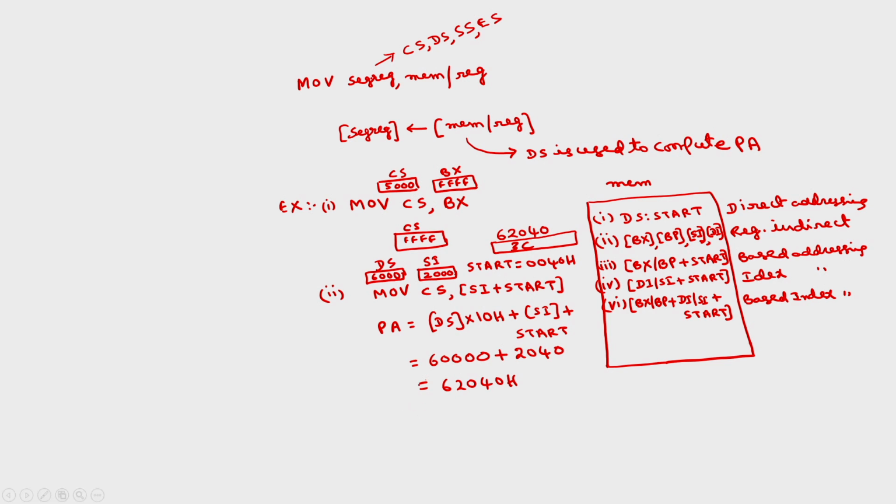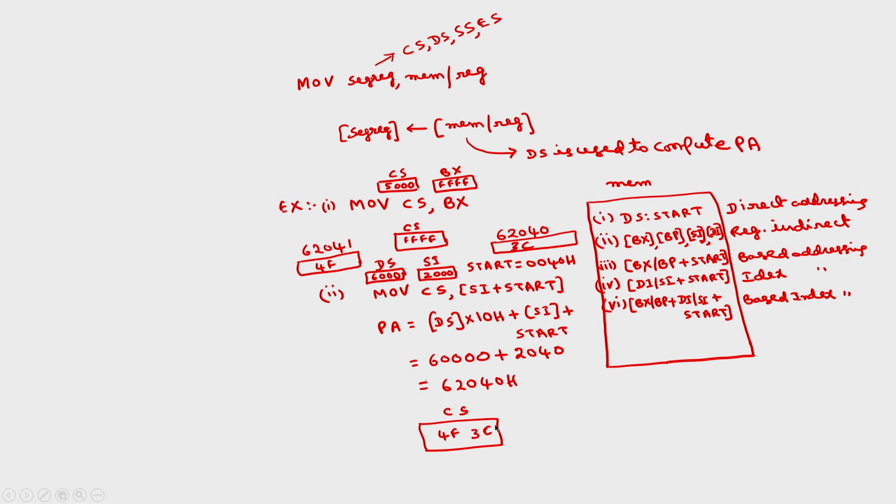And if I assume that the contents of, say for example, 62,041 is 4F, then the content of CS will be: the lower order will be this 3C, the higher order will be 4F.